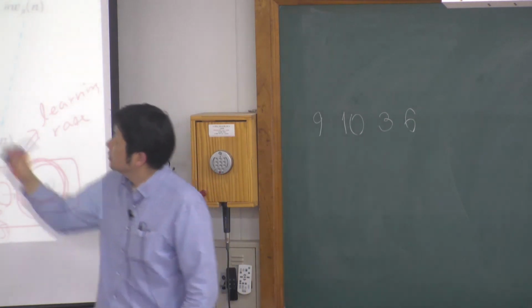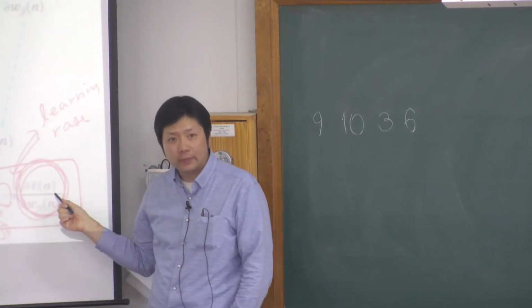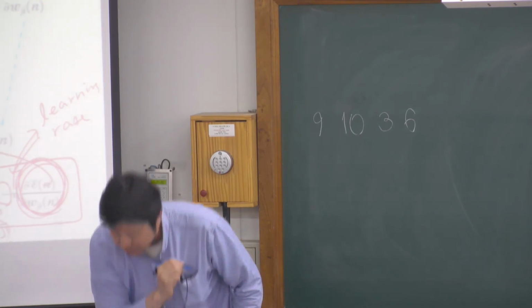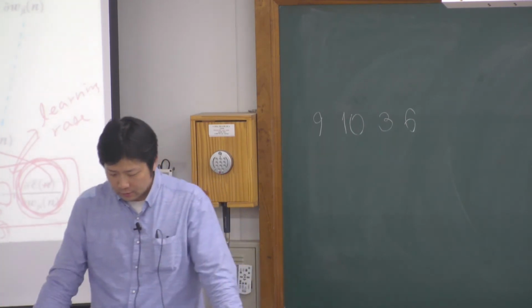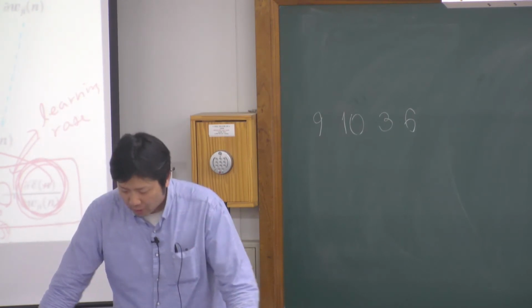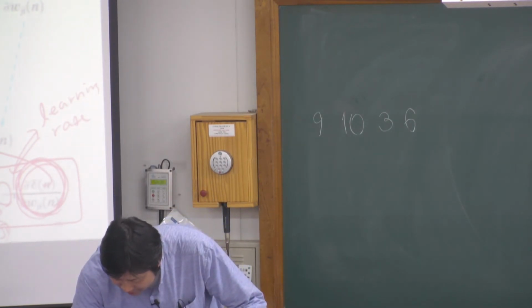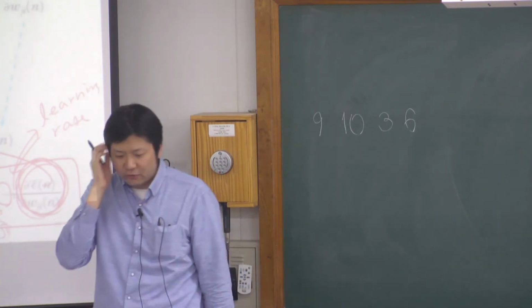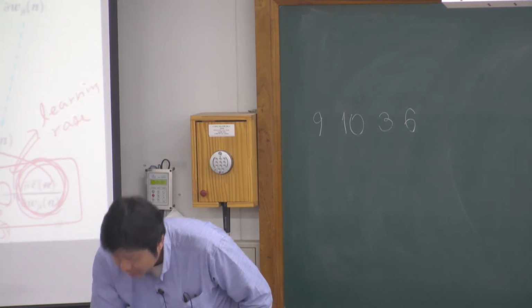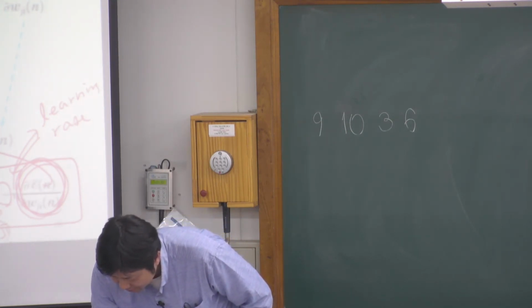Okay, this thing, right? So here, this thing can be rewritten like this. So delta epsilon over delta WJI is, by applying chain rule, can be rewritten like this.